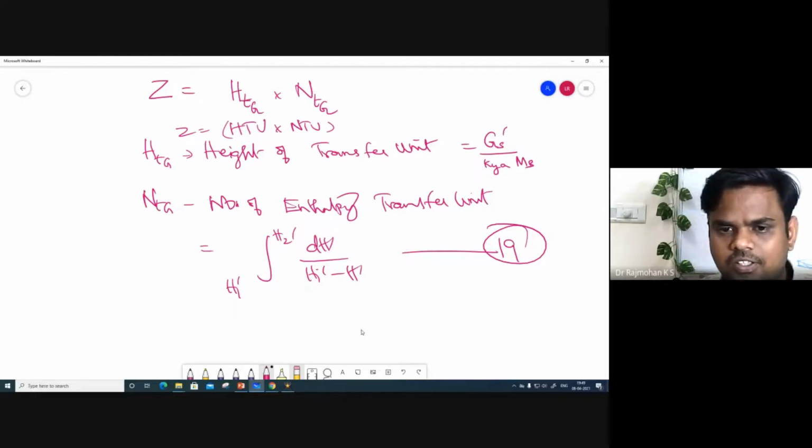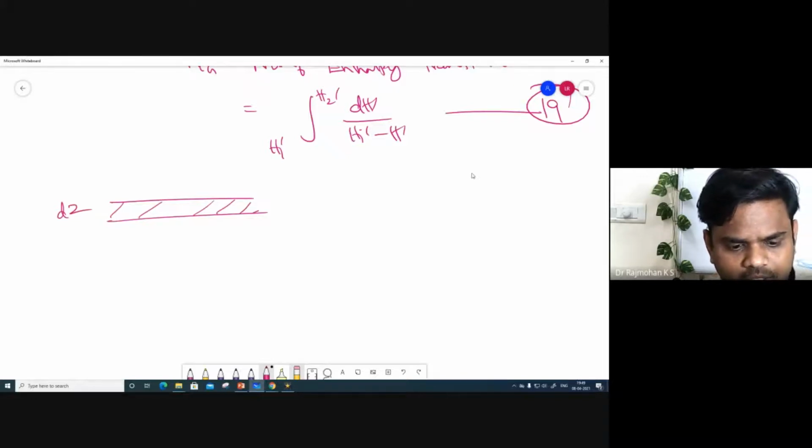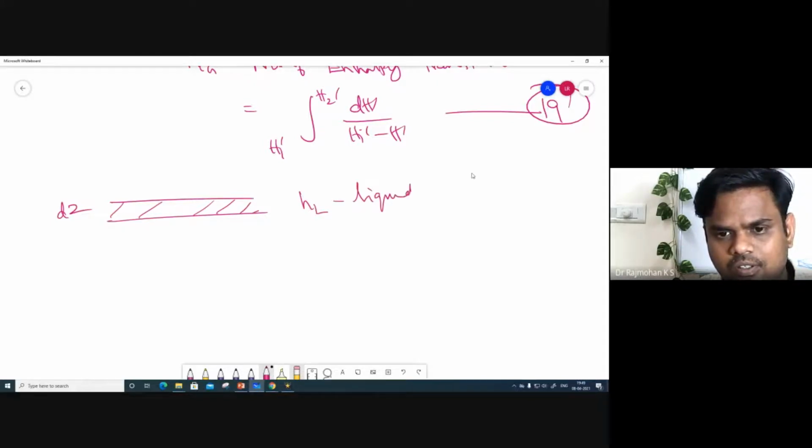So using this equation 19, let us get back to what is taking place across this thickness dz. We have hL, the liquid film heat transfer coefficient.